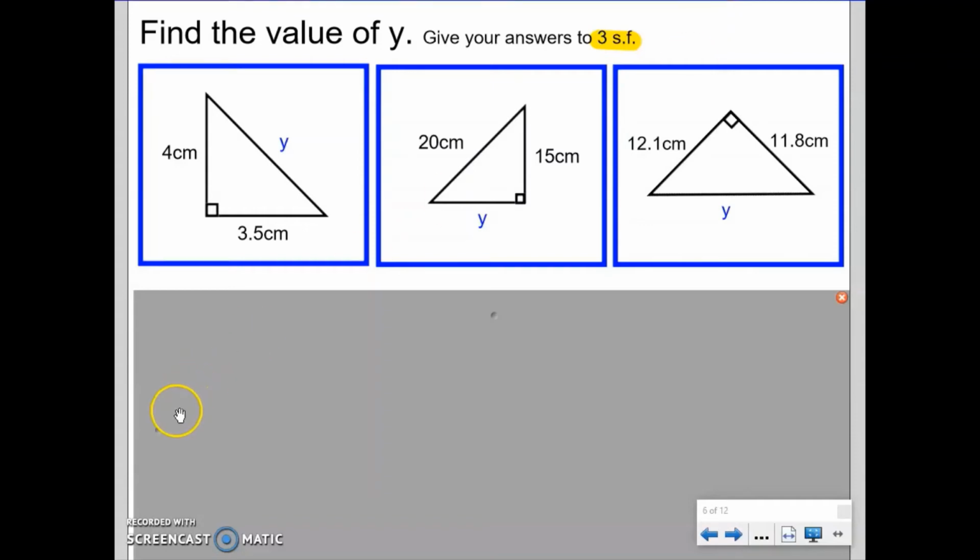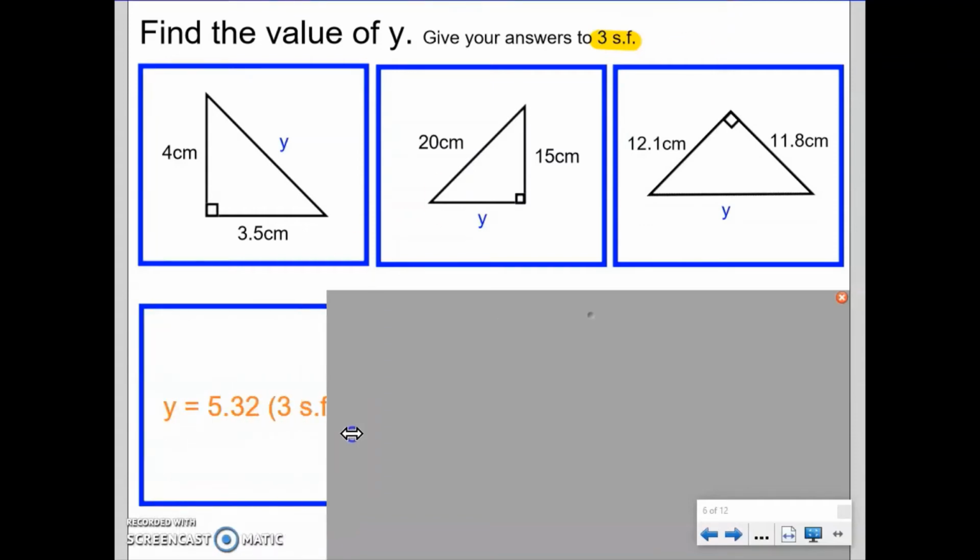Okay, welcome back. Answer for the first one, the length of y, so this distance here, is 5.32, rounded to 3SF. As we're working out hypotenuse, we should be doing an addition during our working out. And this would be labelled as C, being the hypotenuse.